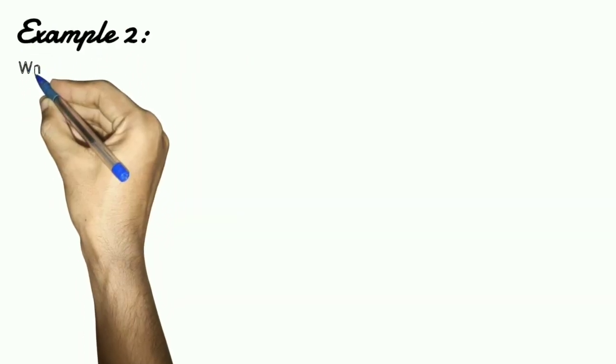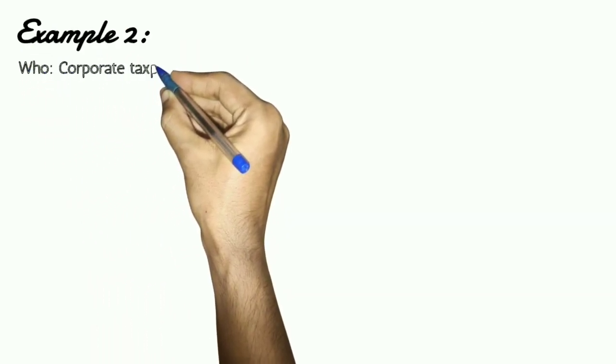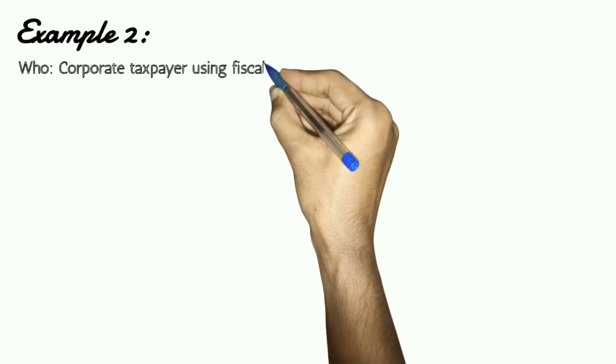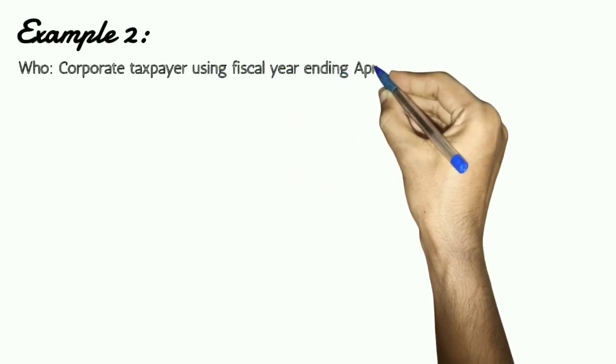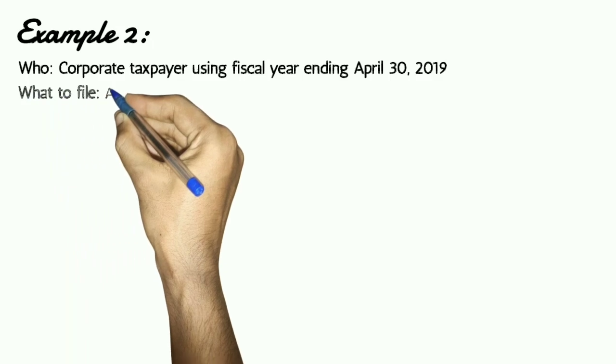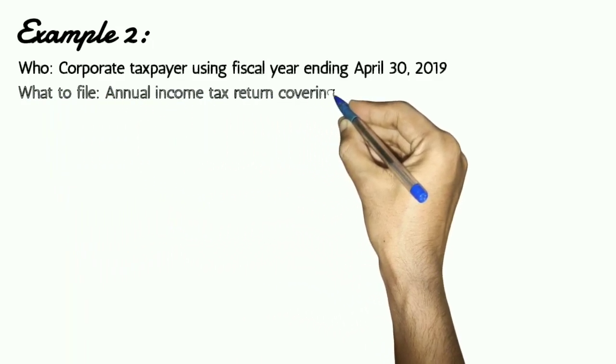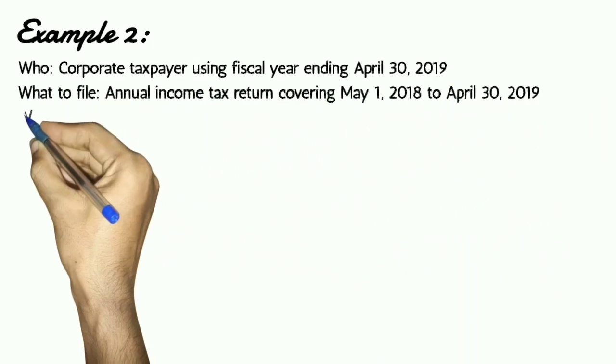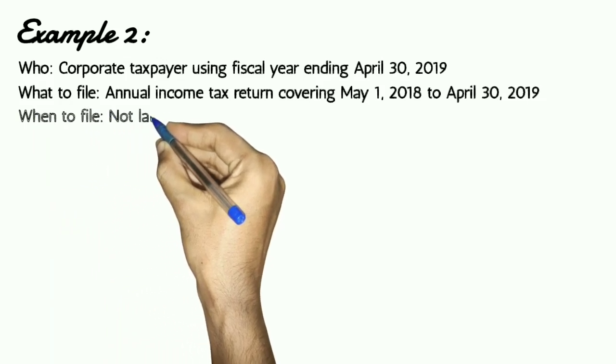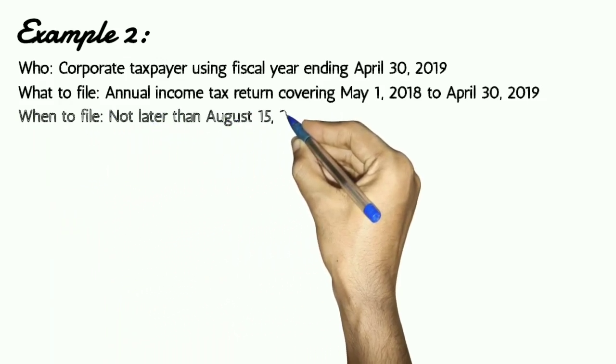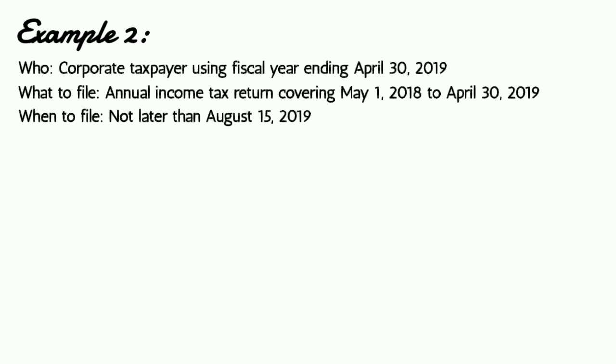Another example, a corporate taxpayer with fiscal year ending April 30, 2019 must file its annual income tax return not later than August 15, 2019. Ano ang gamit na accounting period ng corporate taxpayer? Ang gamit niya is fiscal year or fiscal accounting period.